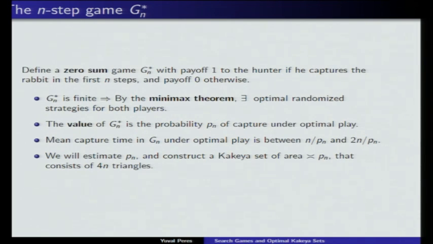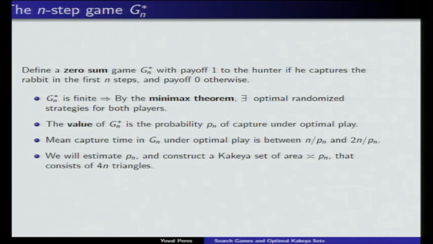Now, for the converse, we know the hunter has a randomized strategy that ensures probability of capture at least p. He can't exactly iterate that in every round because the strategy would typically say, in the first step, start at a random location, and he can't jump that far. But what he can do, he can waste a round.